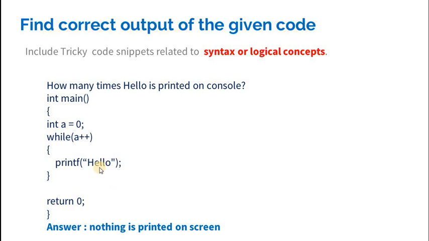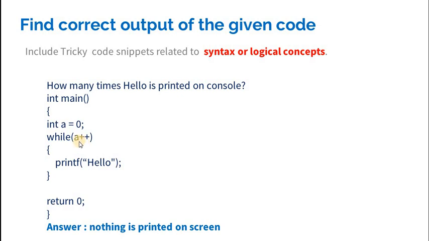So now just by looking at the condition, you can identify a equals 0 and there is an increment operator. So there is no terminating condition for this loop, so it means it is an infinite loop. But it is not. Why? Just see this over here, integer a equals 0, and over here it is the post increment operator.